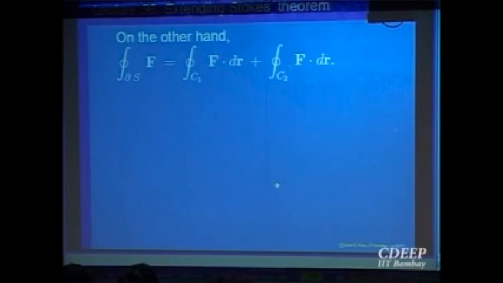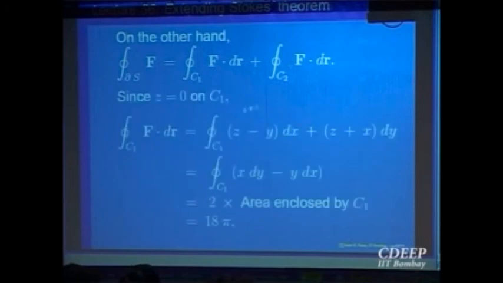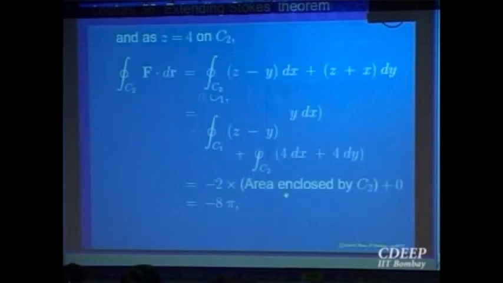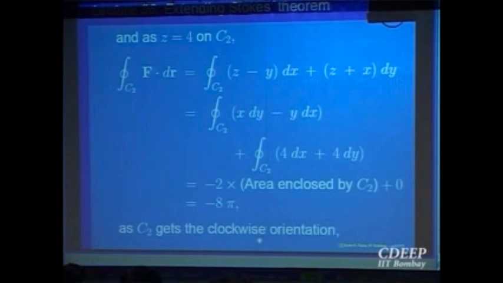So you will see a negative sign should appear, right? For C1, no problem. And when you compute for C2, this integral comes out with a negative sign, because the orientation given is clockwise. So C2 is clockwise, C1 was anti-clockwise. The negative sign is coming because of that. So keep that in mind.